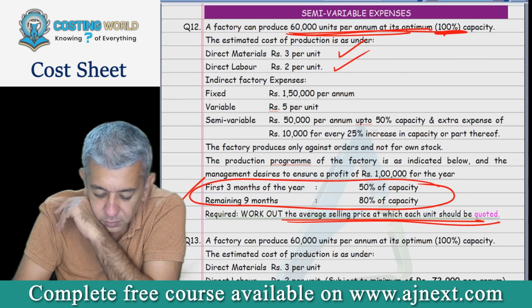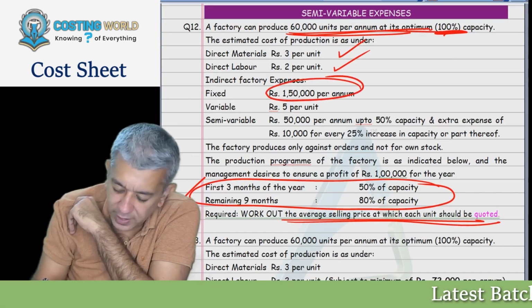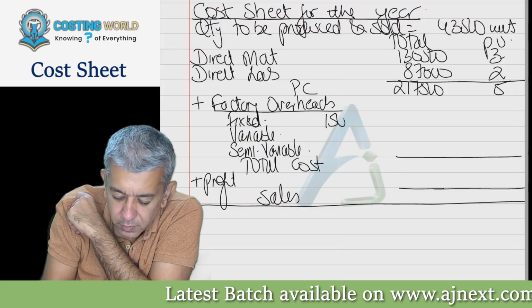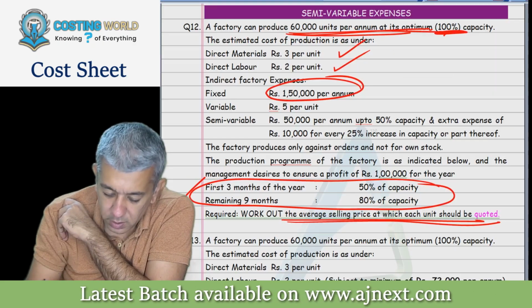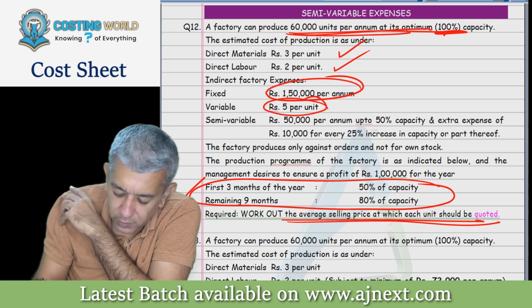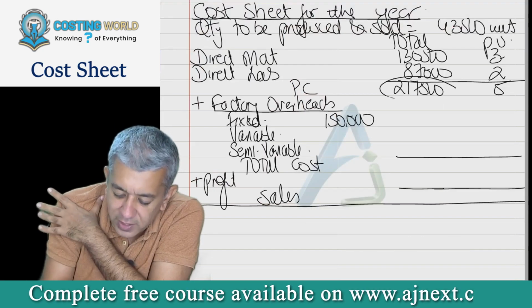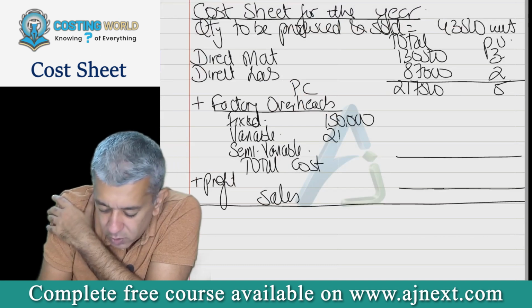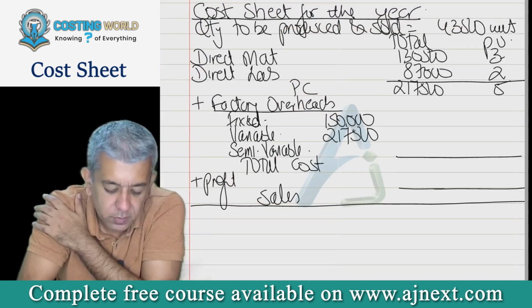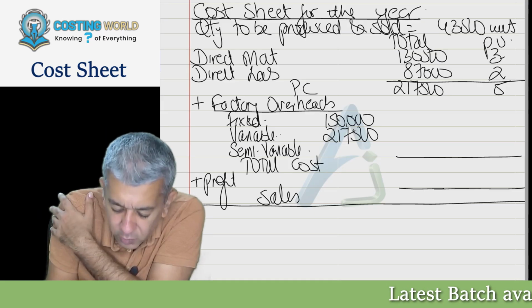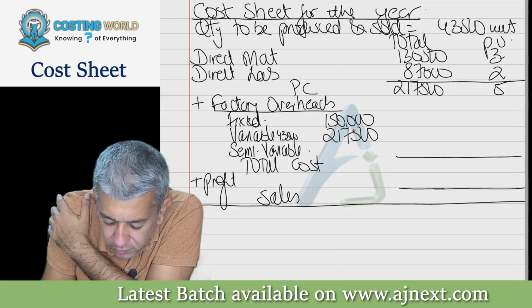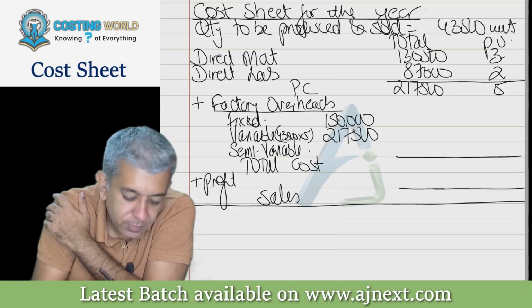Further, fixed is 1,50,000. Variable is 5 per unit. Pick up your calculators. 43,500 into 5 will be coming to this particular figure. We all have done it once. If you want, you can write down the calculations over here: 43,500 into 5.